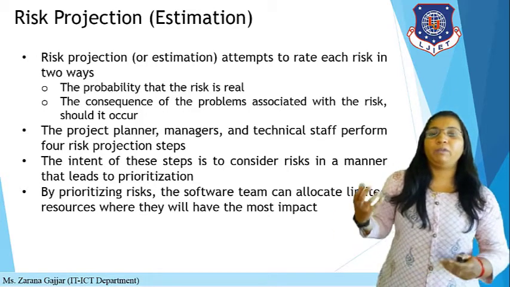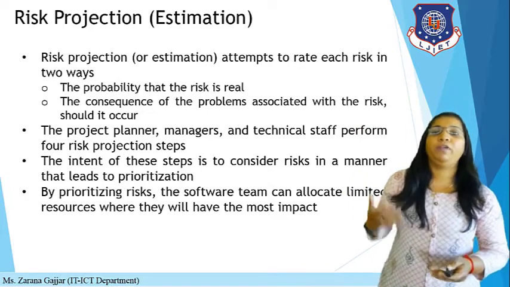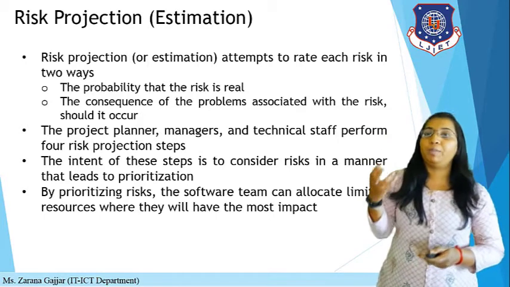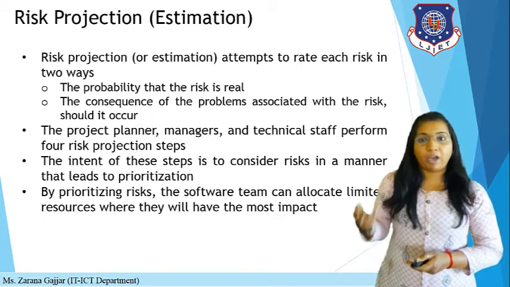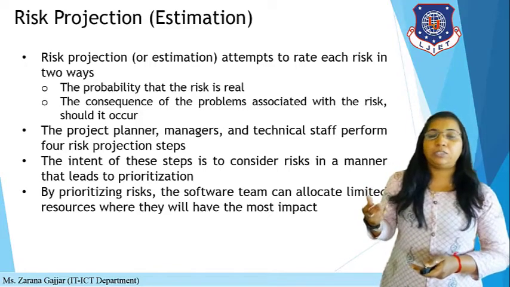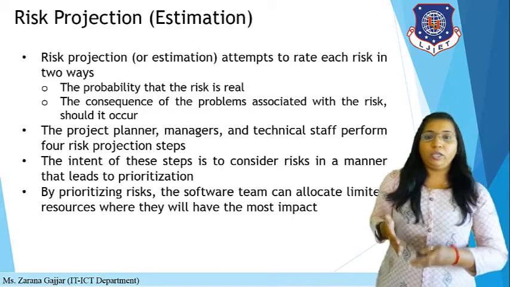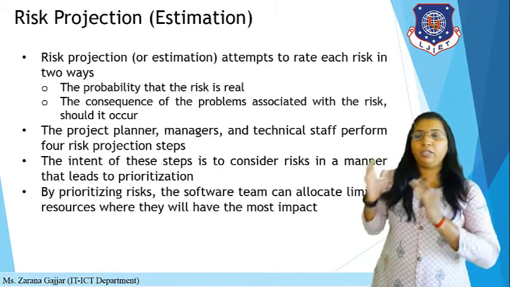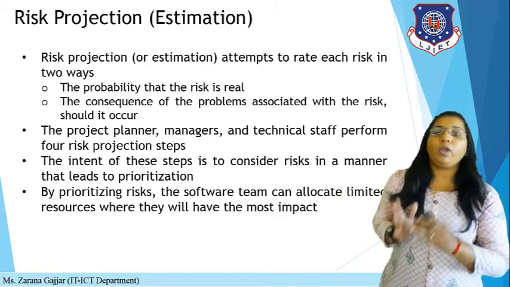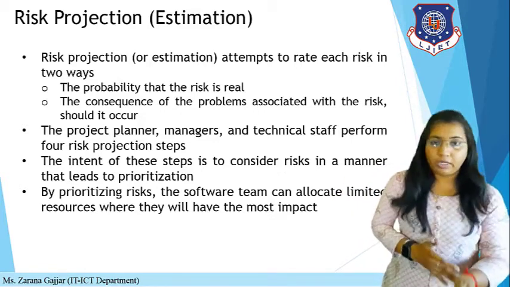If all the team members define a number of risks, then you have to define the probability and the priority of each particular risk. By prioritizing risks, the software team can allocate limited resources where they have the most impact. If you already know that a risk will happen, you will allocate the minimum amount of resources to that particular activity.